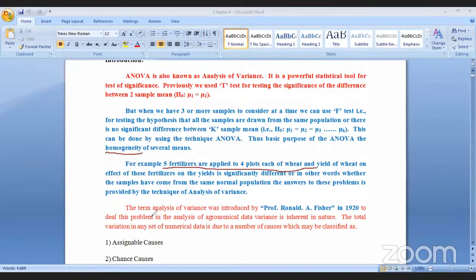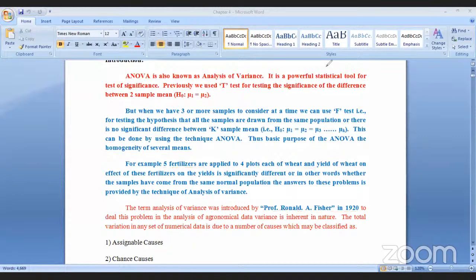So the term analysis of variance was introduced by Professor Ronald A. Fisher in the year 1920 to deal with this problem in the analysis of agronomical data. Variance is inherent. The total variation in any set of numerical data is due to a number of causes which may be classified as assignable causes and chance causes.